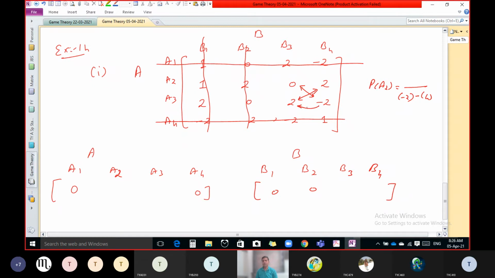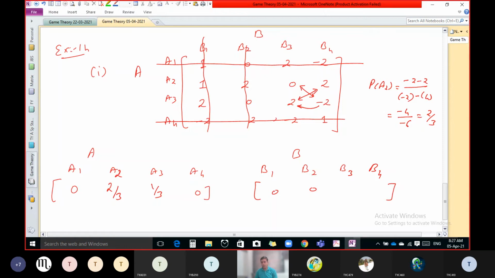This minus this, so -2 -2. So ultimately we get -4 and here we get -2 -4, -6. So if we cancel we get 2 by 3. So this is the probability for A2, 2 by 3. So tell me what is the probability of A3? 1/3. Correct, 1 by 3. Over.